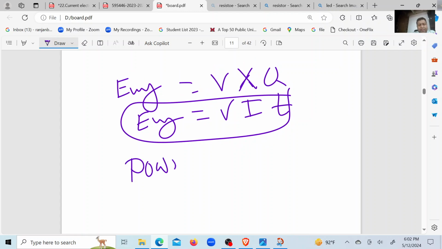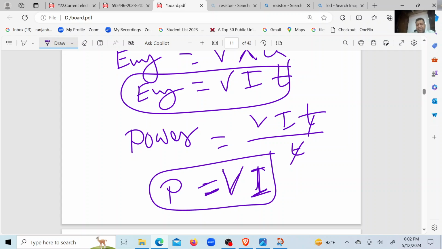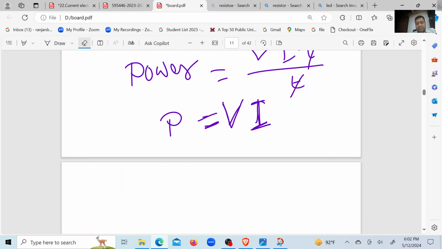And for power, power means VIT divided by T. So power is VI. In Bengali we call it Vi, Vi means big brother. If you have power, right?